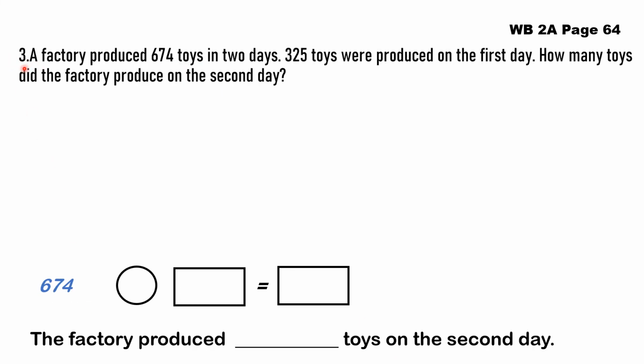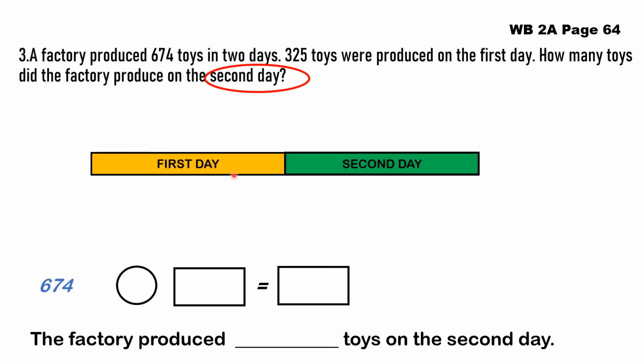Now let's go to question 3. A factory produced 674 toys in 2 days. 325 toys were produced on the first day. How many toys did the factory produce on the second day? So we have our models.